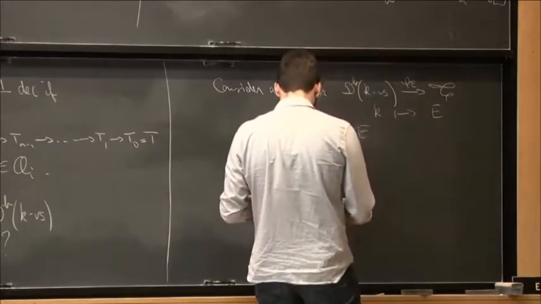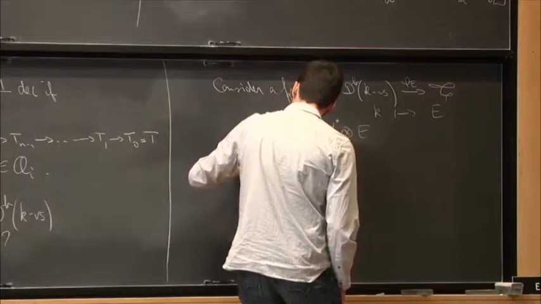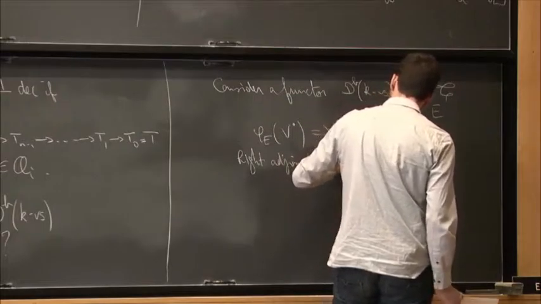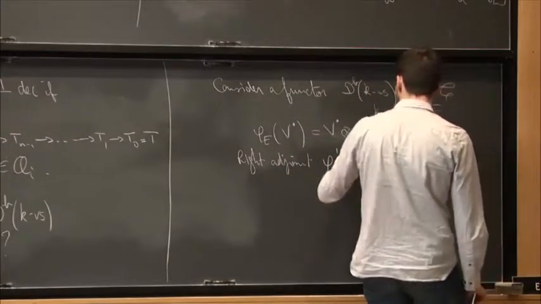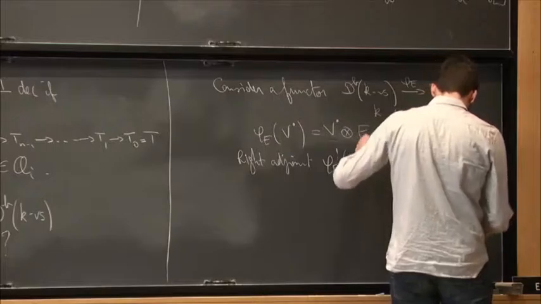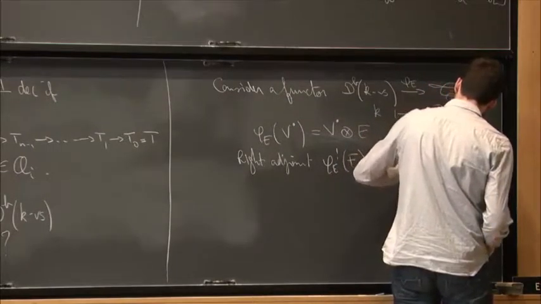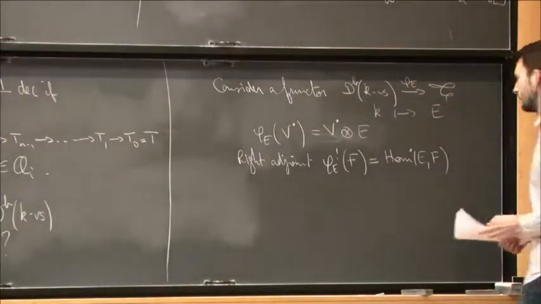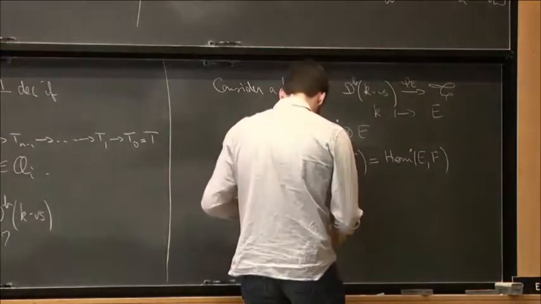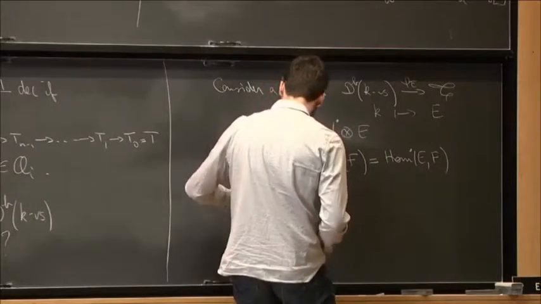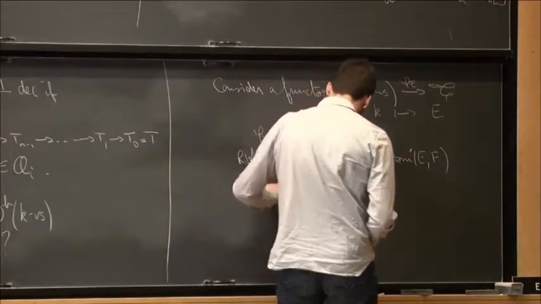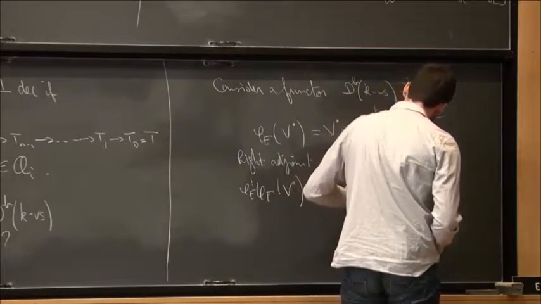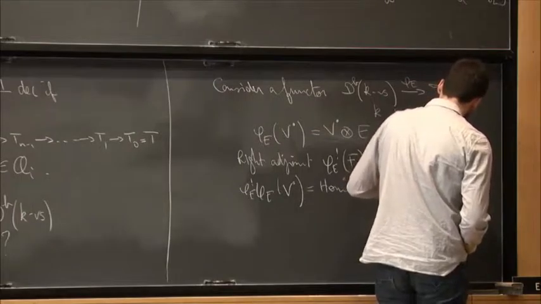And I write the adjoint, just given by this. If you compute the adjoint of phi_E on V dot, you get Hom(E, ) tensor V dot.